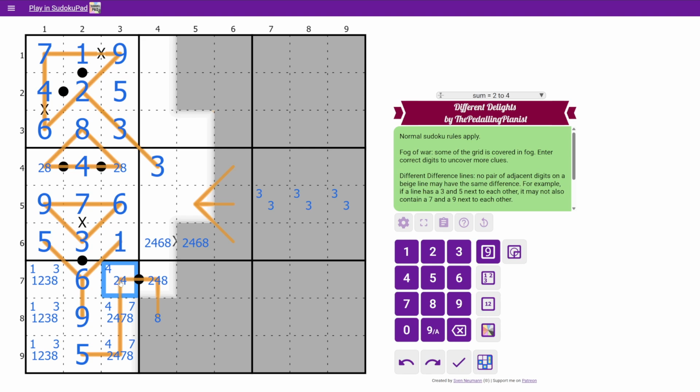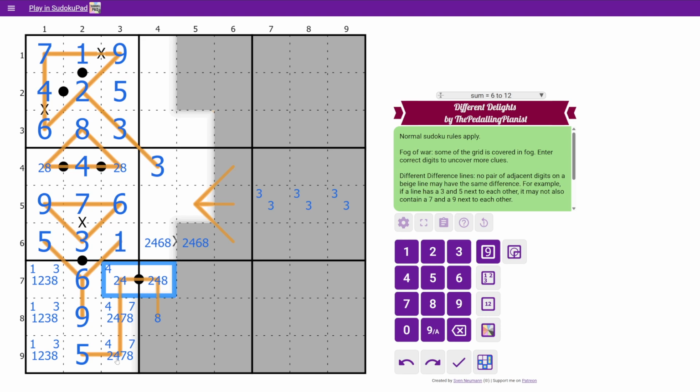So if it was 2, 4, this would be a 4, 7 on the line. 4 would go here. 7 couldn't because of the difference of 2 already.